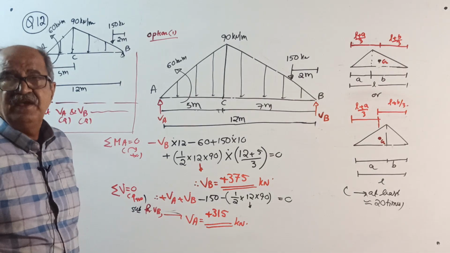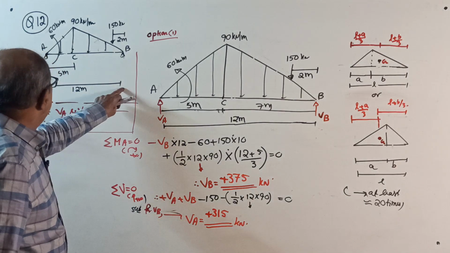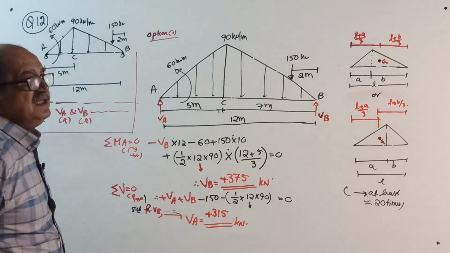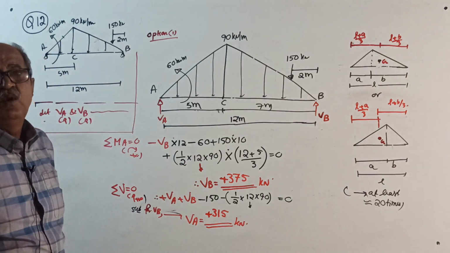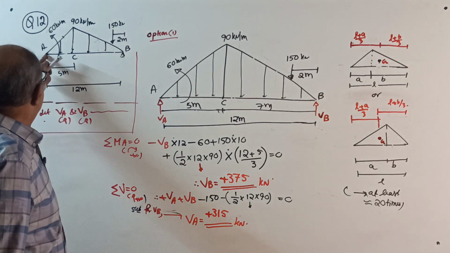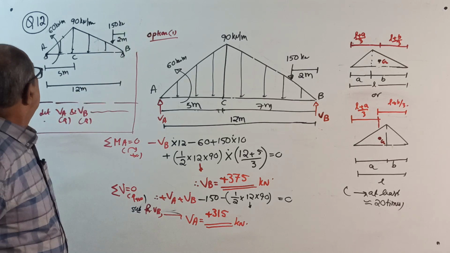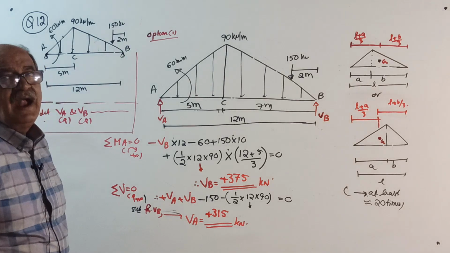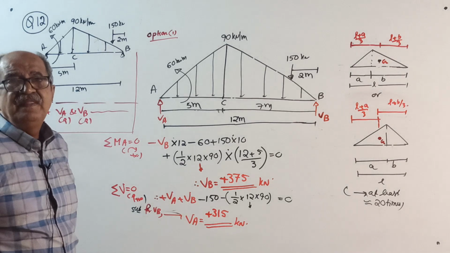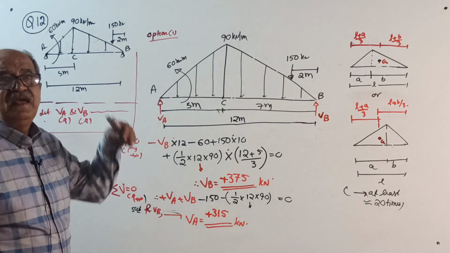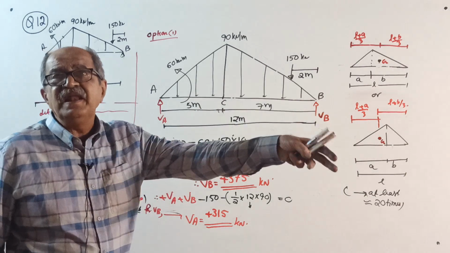Or some other way: a simply supported beam of span 12 meter is loaded by a uniformly varying load with zero intensity at left end, which linearly increases to 90 kN per meter at 5 meter from left end and thereafter linearly reduces to 0 at the right end.